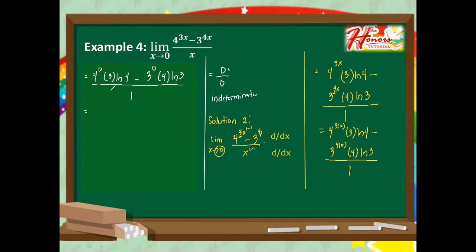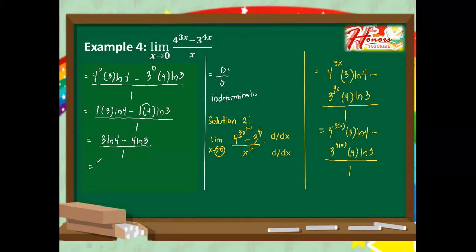And then let's simplify. So we have here 4 raised to 0 is 1, because any number that you raise to 0 is equal to 1, times 3 ln 4 minus 3 raised to 0 is also 1, times 4 ln 3 all over 1. Then let's use our calculator now to simplify this. 1 times 3 is 3, so we have here 3 ln 4 minus 4 times 1, that's 4 ln 3 all over 1.